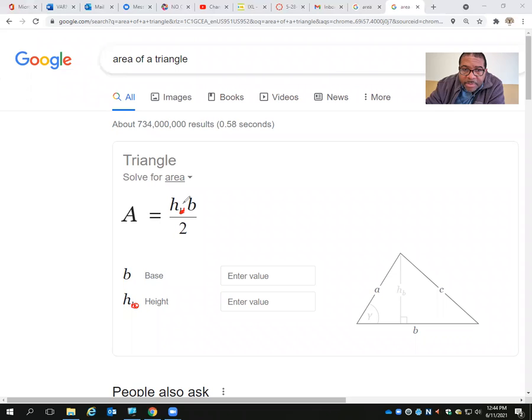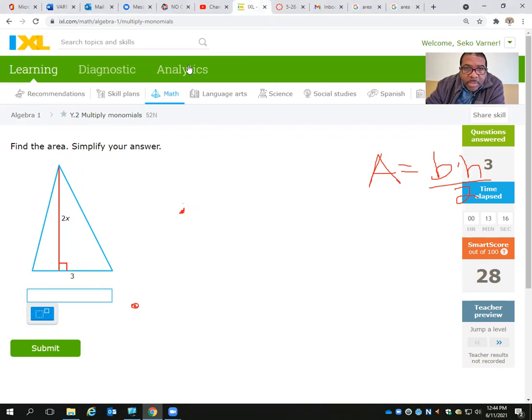So the area of a triangle is base times height divided by 2. That's how we're going to do it. So let's go back and look at this one. The area would be, the base is 3 and the height is 2x, divided by 2.